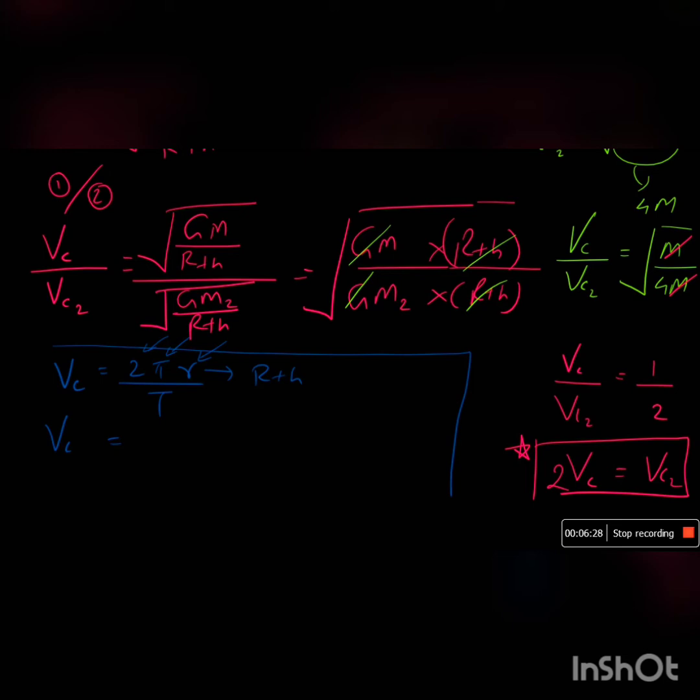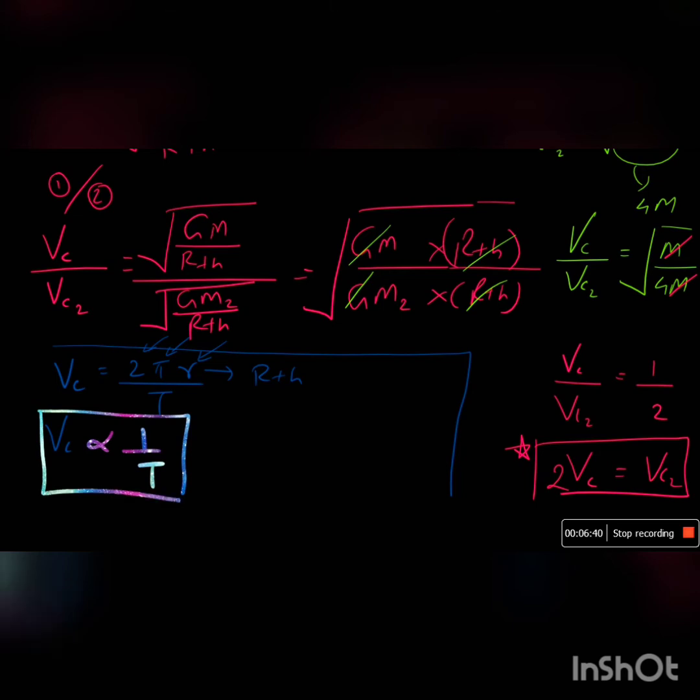Critical velocity is inversely proportional to time period. This is important too. Why?